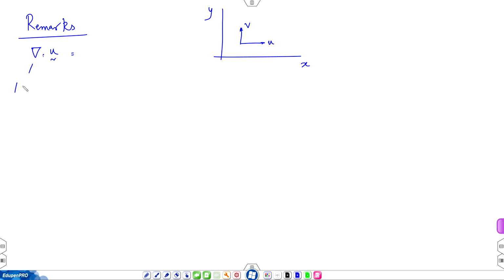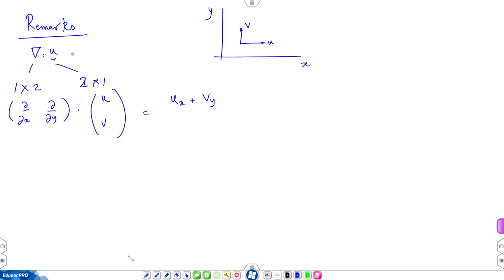This will be written as a 1 by 2 vector, and this is a 2 by 1 vector, right. So, this is 1 row 2 columns multiplied by 2 rows 1 column, giving rise to u x plus v y, a scalar. So, 1 by 2 times 2 by 1 gives you 1 by 1, the scalar quantity.